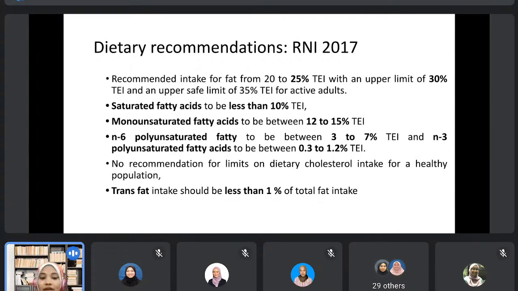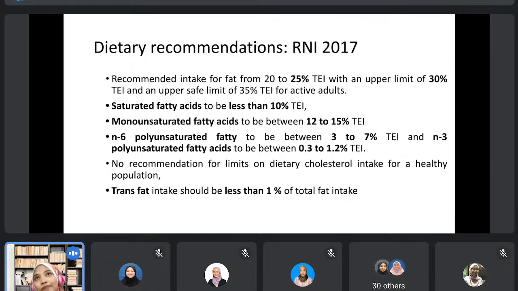And at the moment, there is no recommendation for the limits on dietary cholesterol intake for a healthy population. Previously adalah not more than 200 milligram of cholesterol. But many studies proven that dia kata kolesterol ni bukanlah penyumbang utama kepada penyakit jantung. Dia ada datang daripada trans fatty acid, contohnya saturated fat, itu adalah antara penyumbang kepada masalah jantung.